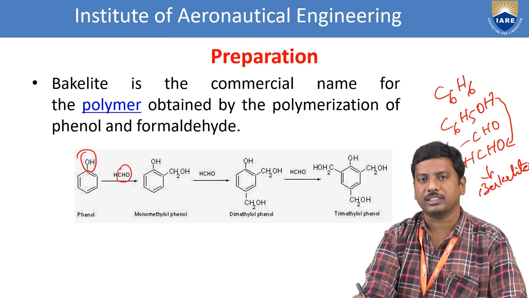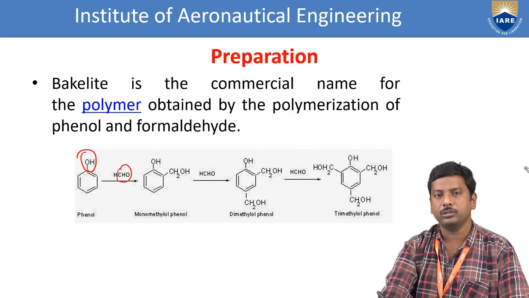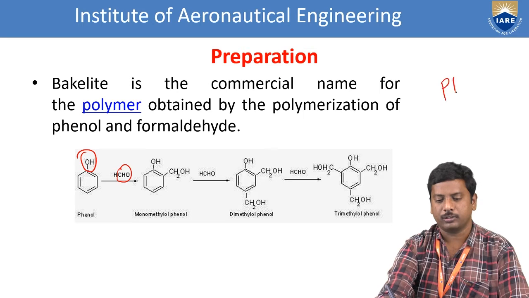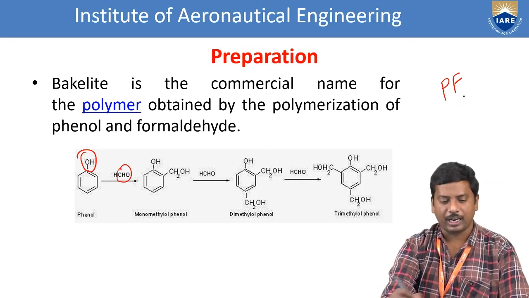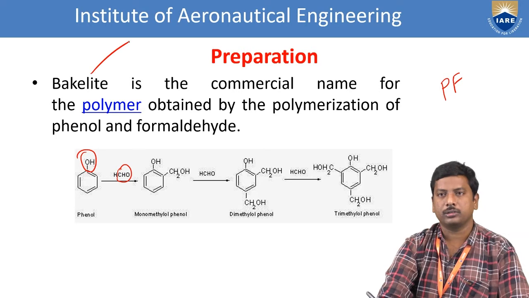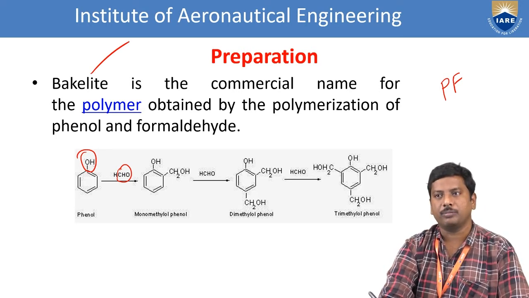This is the general reaction for bakelite preparation. This compound is called PF resin, meaning phenol formaldehyde resin, and the trade name, the marketed name, is bakelite. Bakelite is a commercial name for the polymer obtained by the polymerization of phenol and formaldehyde.